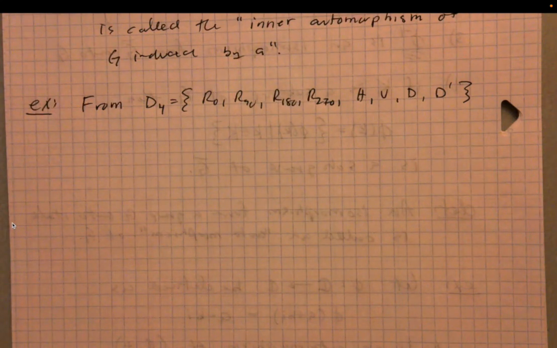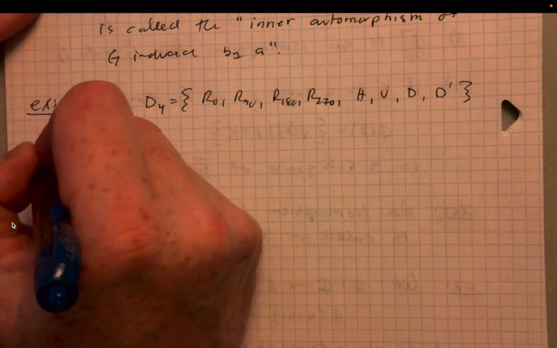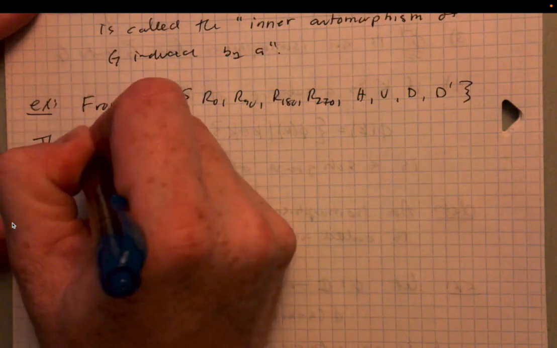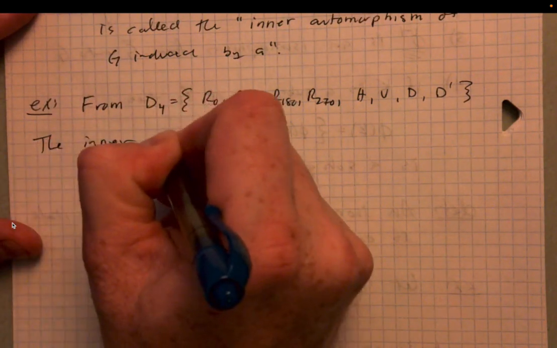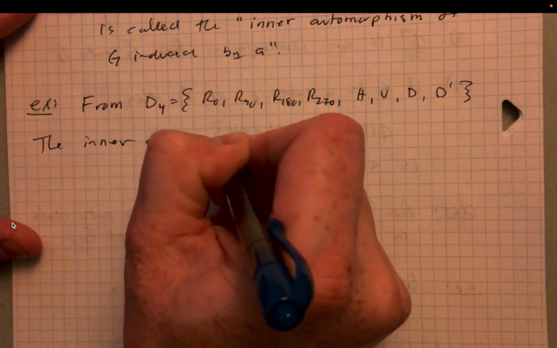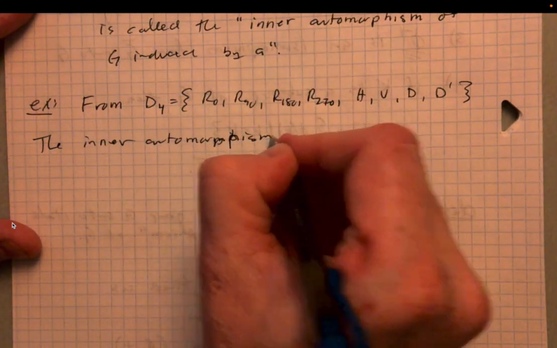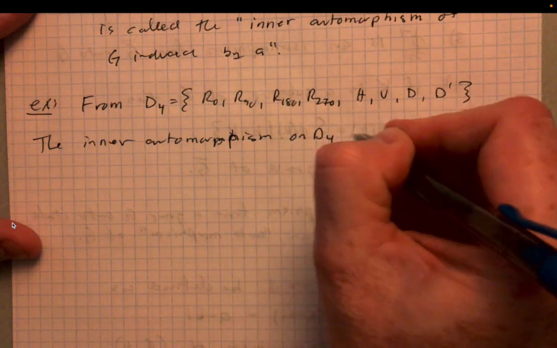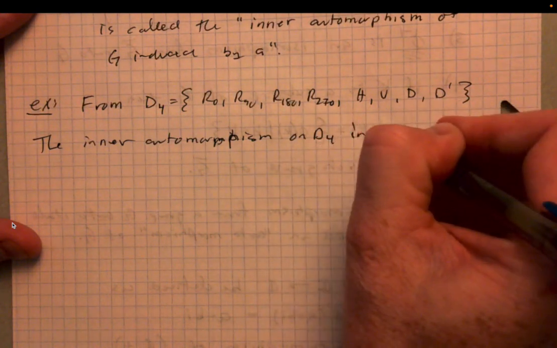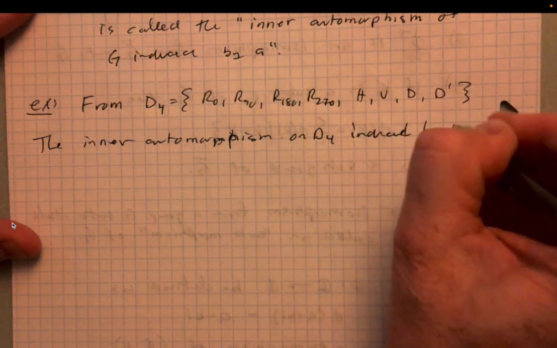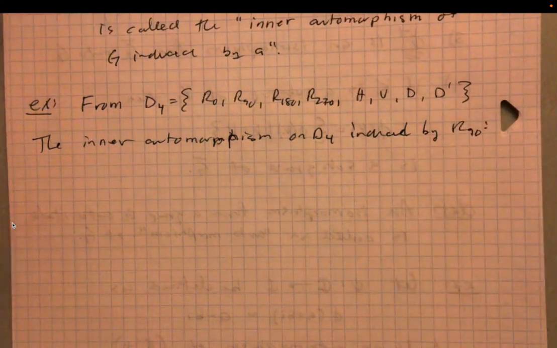So let's go through and see what the inner automorphism of D4 induced by a 90-degree rotation looks like. That's what we're interested in here.